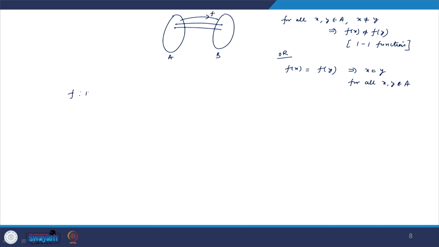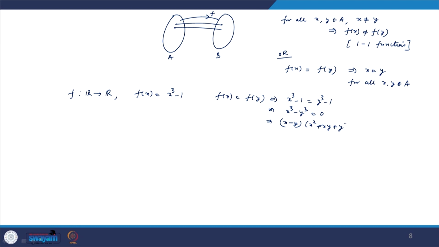Suppose f from R to R is defined like this, f x equal to say x cube minus 1 or anything. Okay. Now, if you take f x equal to f y, where x and y belongs to R, it implies x cube minus 1 equal to y cube minus 1, it implies x cube minus y cube equal to 0, it implies x minus y into x square plus x y plus y square equal to 0, and since this is never 0 for any real x and y, then this implies x equal to y.